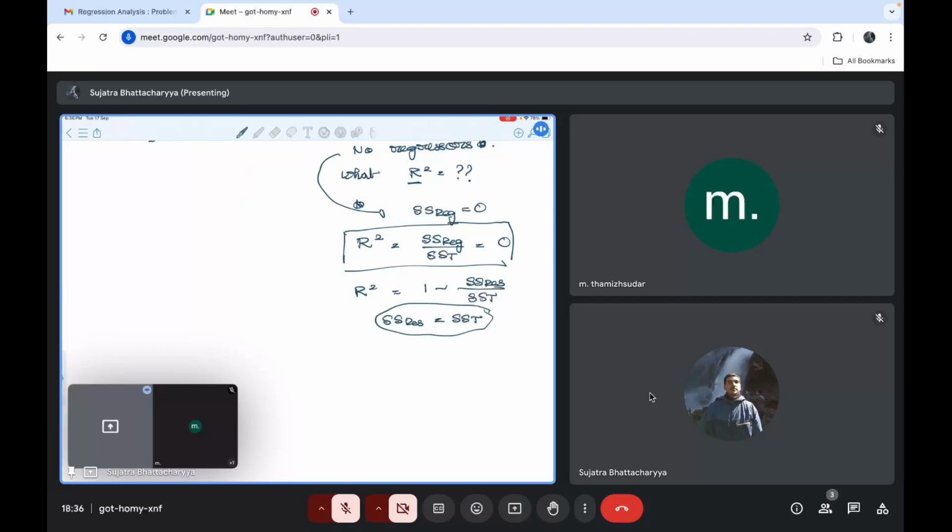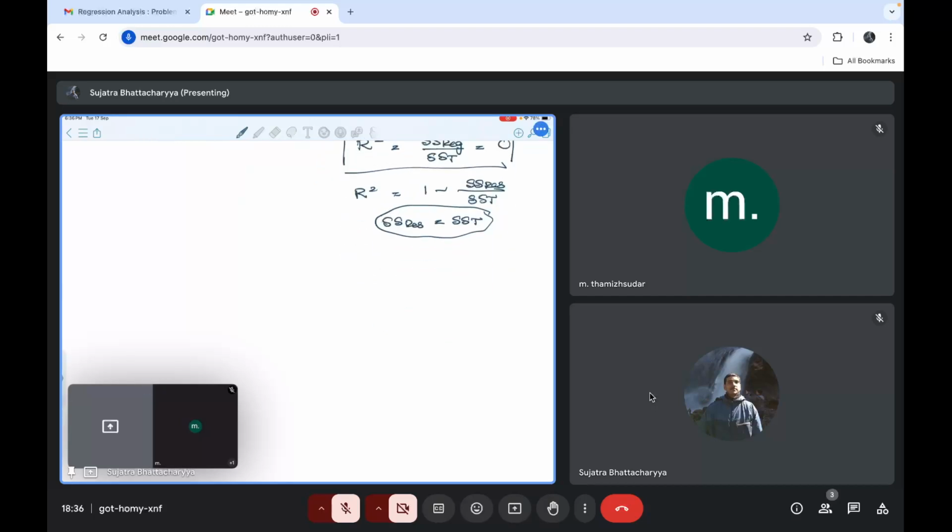Another question, based on the previous week's content, is a simple one: what does the normal probability plot mean, and what is it for? The normal probability plot is to test whether epsilon follows a normal 0 sigma square distribution or not, that is, to test normality of errors, or the residuals.